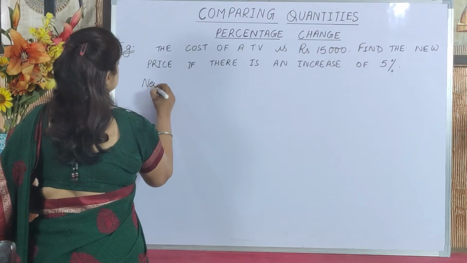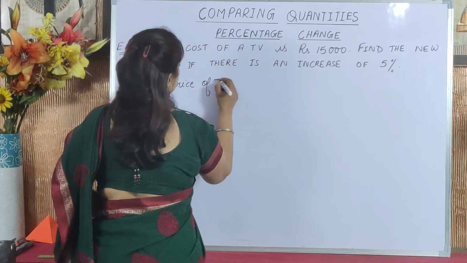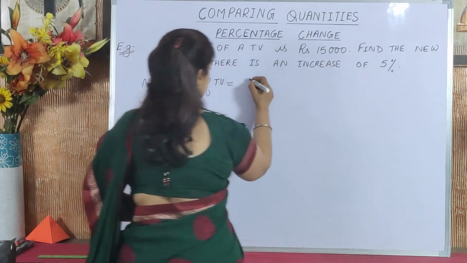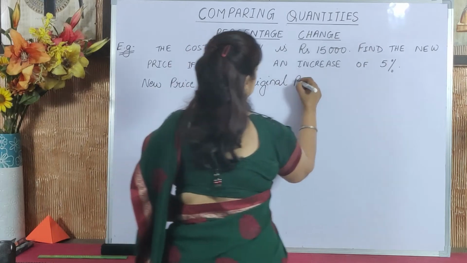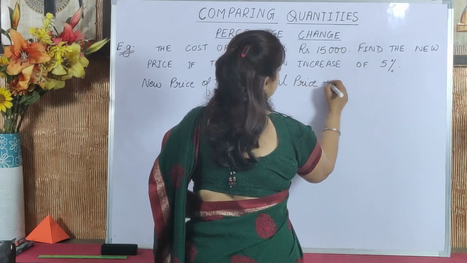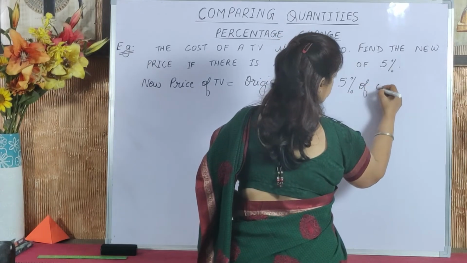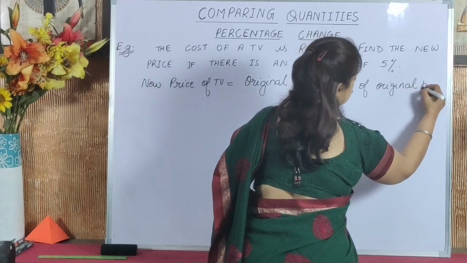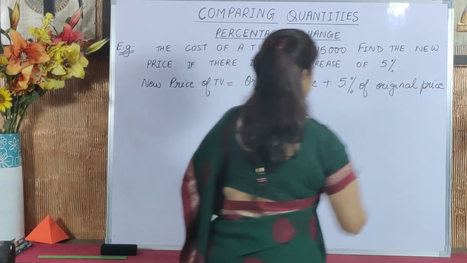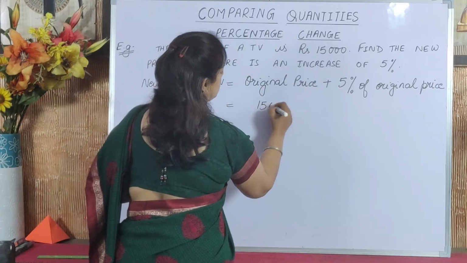So the new price of the TV will be equal to the original price plus 5% of the original price. That is the increase. So what is the original price? 15,000.